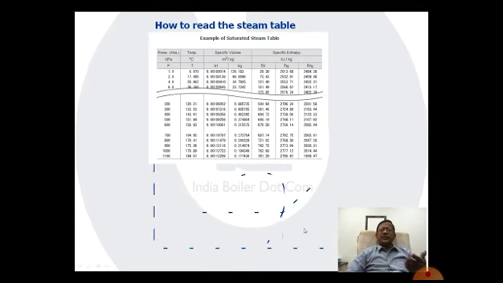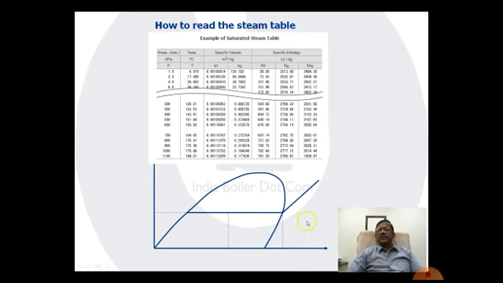Now let us see how a steam table should be read. When you take out the steam table, there will be two types of steam table. One is pressure based, another is temperature based. Now in the pressure based steam table, the first column would be the absolute pressure. Please remember the pressure given in the steam table is absolute.